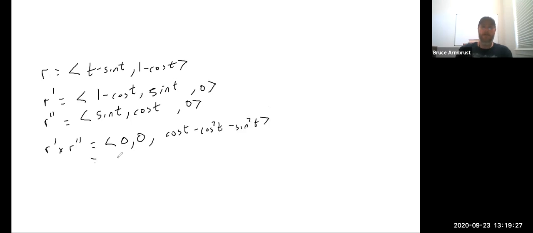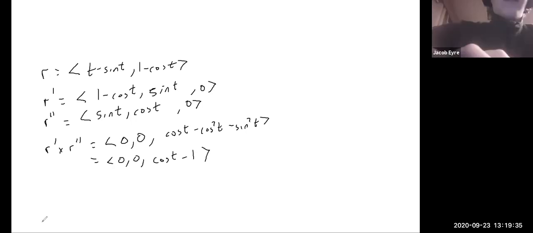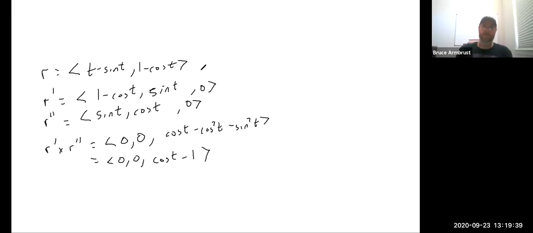And we can even simplify that a little bit to just cosine of t minus 1. Would it be cosine? Oh, wait, never mind. It's a positive. No, sorry. Those are my favorite questions, the one that Jacob answers for himself.